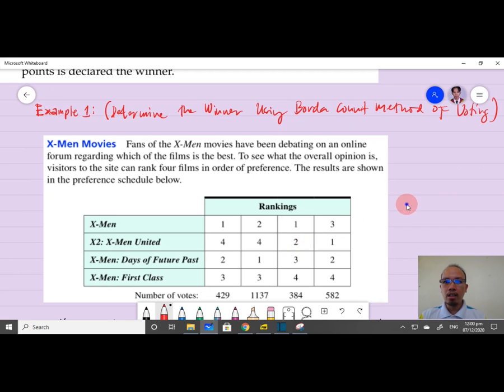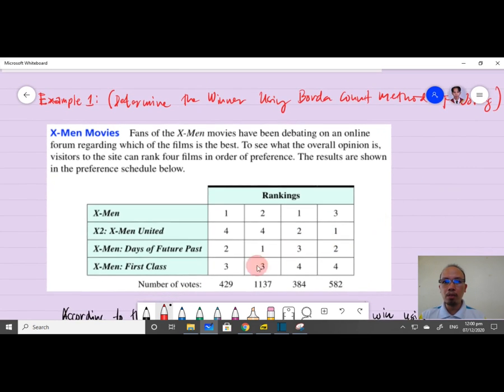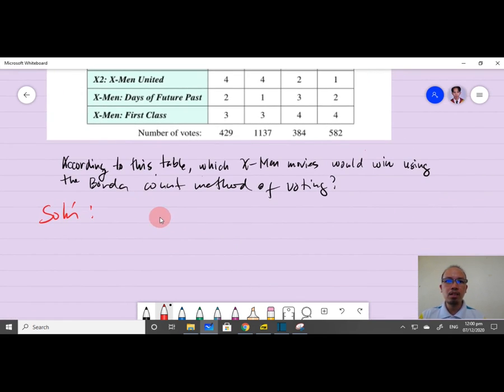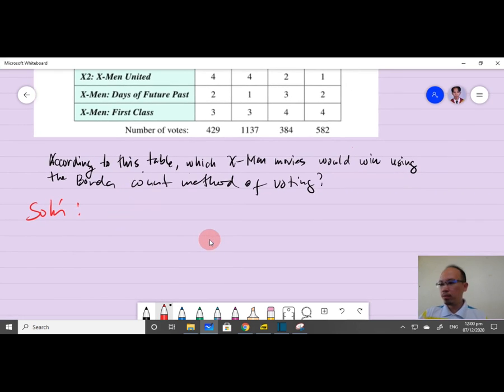I guess the winner for the plurality method of voting is X-Men Days of the Future Past. Let's try the Borda count method of voting to see if X-Men Days of the Future Past is still the winner. Okay, so let's have the solution. We will use Borda count.